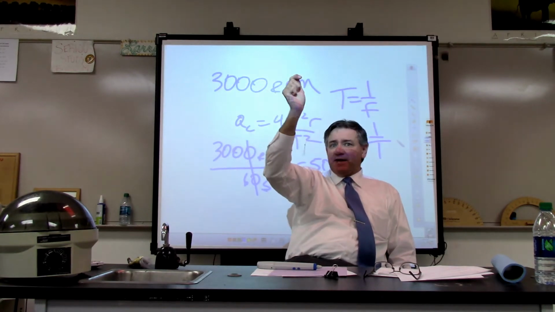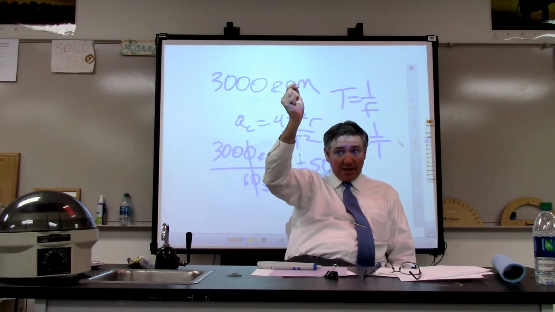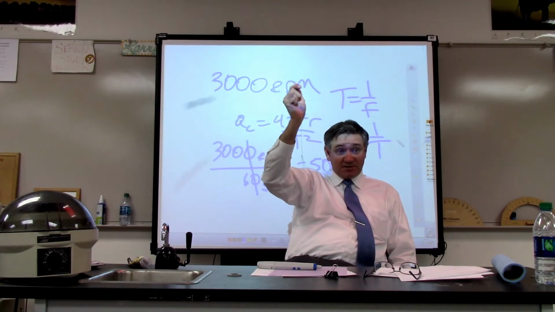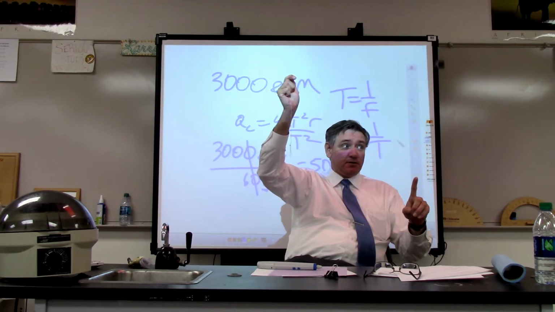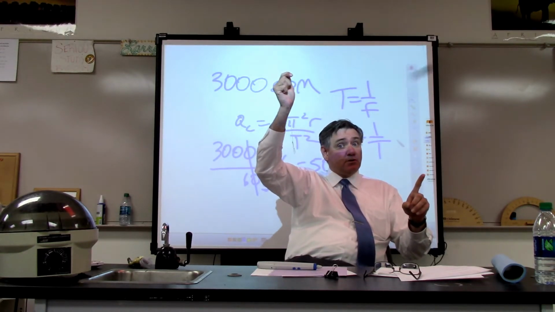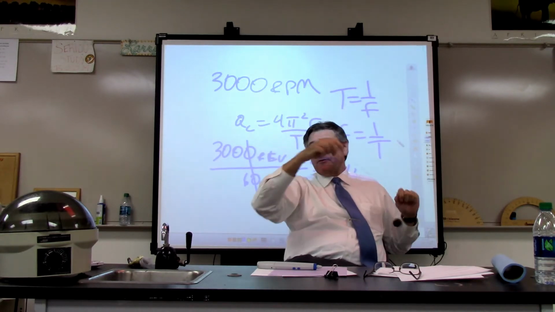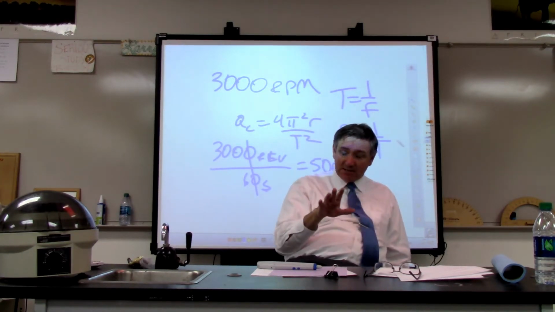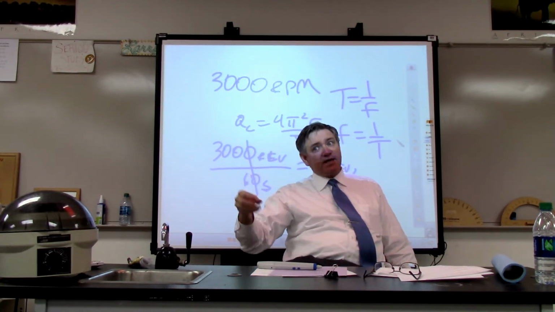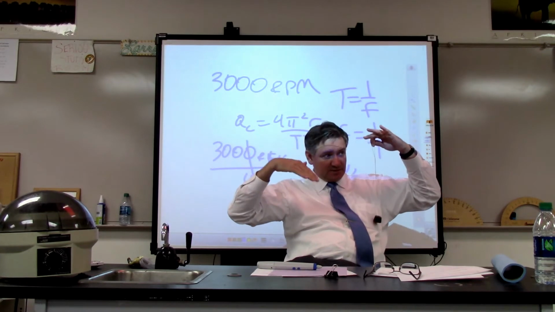If I make it spin faster, the number of revolutions per minute goes up. So the amount of time for each revolution goes down. The faster something spins, the more revolutions per minute it makes, the less time it takes for each revolution. So these two values are inverses of each other.